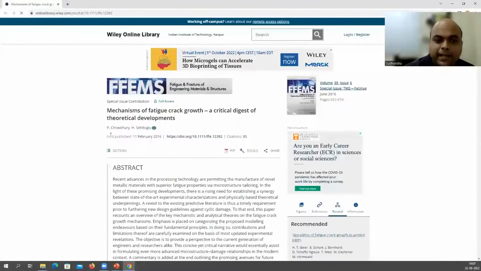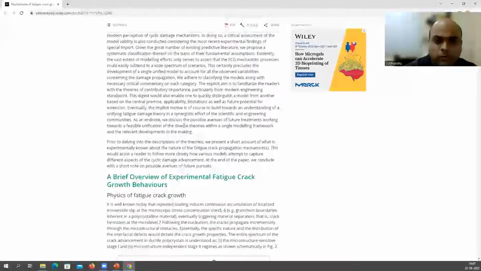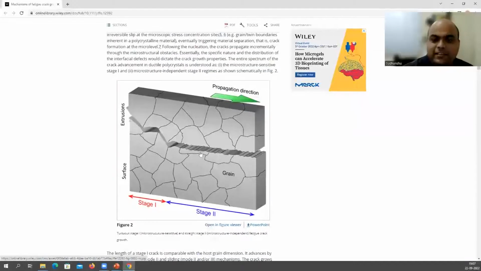Okay, so it's a paper by P. Chaudhary, Mechanisms of Fatigue Crack Growth, a Critical Digest of Theoretical Development. Okay, and if you see here, it's a very nice paper, right? You can go through it also. So this nicely shows this 3D image here. You know, the crack initiates from the extrusions and intrusions on the surface, right? And you can see grains. So the stage one, which is in red color, these are what? Crystallographic in nature, right? The crack path is crystallographic. We have discussed that. And that is what you see here, right?